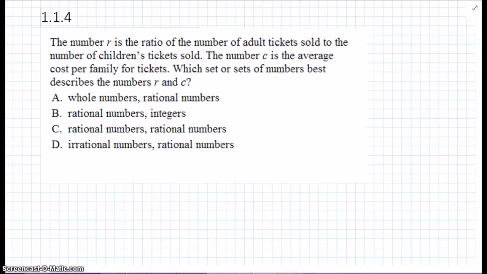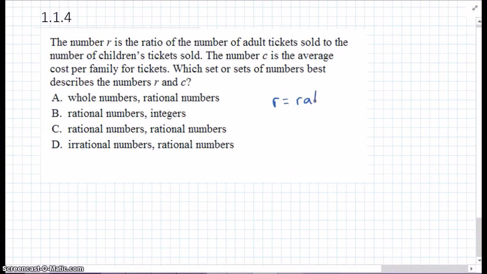So here's our example in the book. The number R is the ratio of the number of adult tickets sold to the number of children's tickets sold. The number C is the average cost per family per ticket. Which set or sets describes what R and C are? Well, we read R is a ratio.